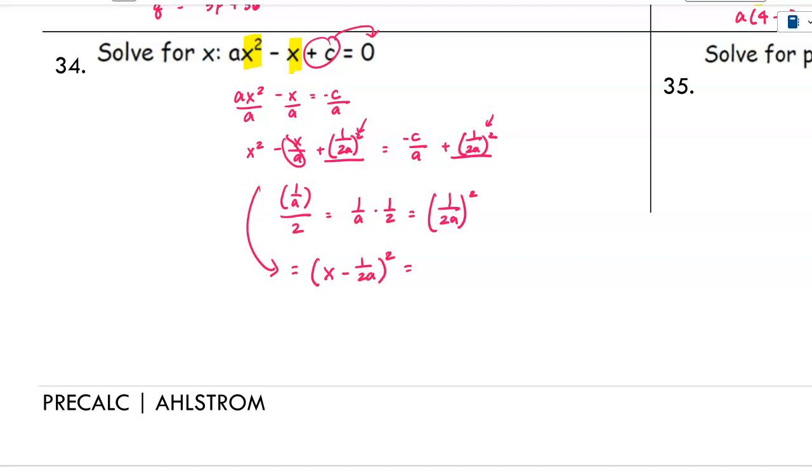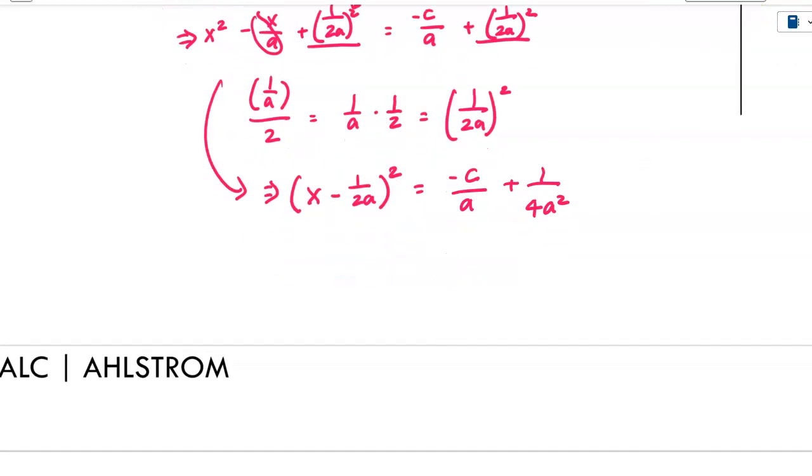Okay, and then, let's see, now you have a situation where you have a perfect square trinomial, just like this, and this equals, let's see, negative c over a, and then plus 1 over 4a squared. Okay, and then I can go ahead and combine by multiplying this by 4 and a.